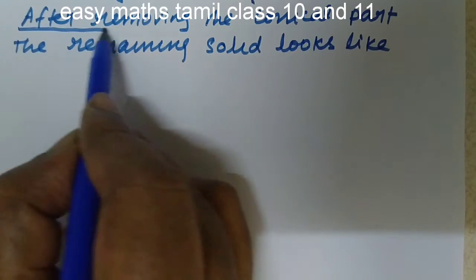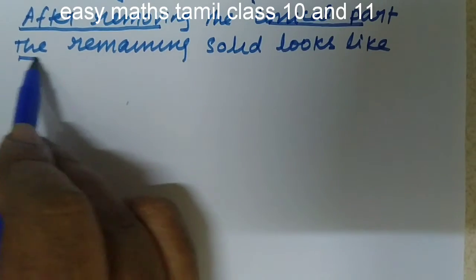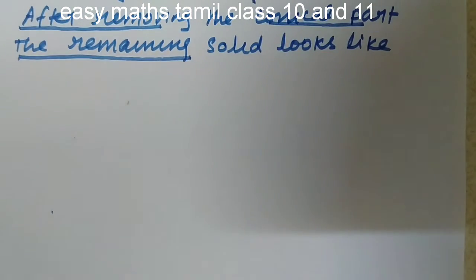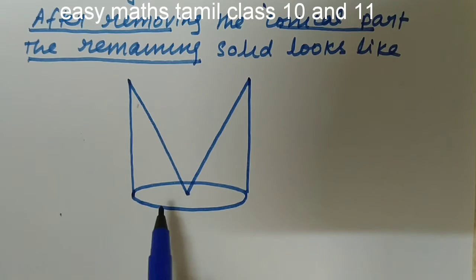After removing the conical part, this is how the remaining solid looks like after hollowing out the conical portion.